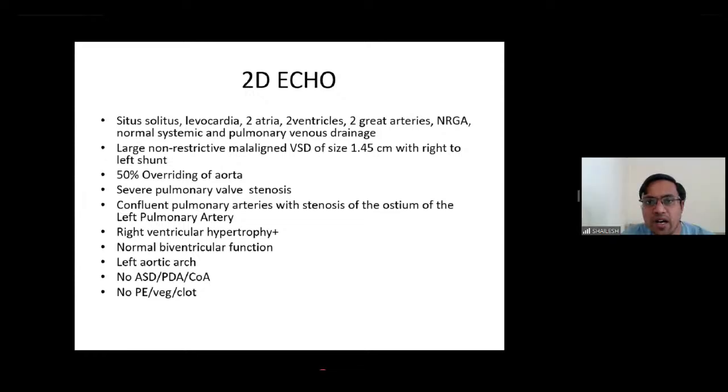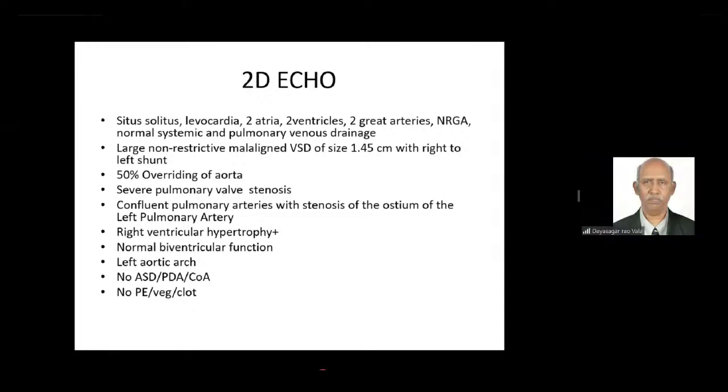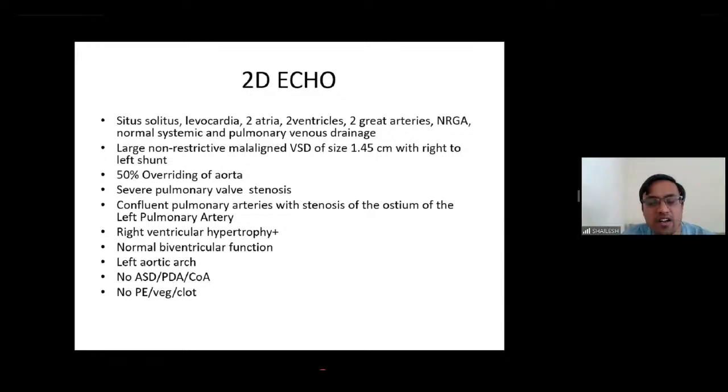Sir, in high risk, sir, are included infants, sir, younger than 3 months of age, sir. We're not talking about the age, we're talking about anatomical abnormalities. Sir, in anatomical abnormalities, sir, if there are non-confluent pulmonary arteries, there is either MPA atresia, sir, or LPA atresia is present, sir.